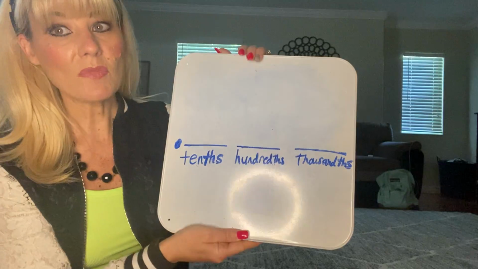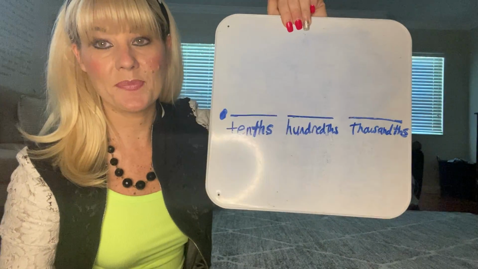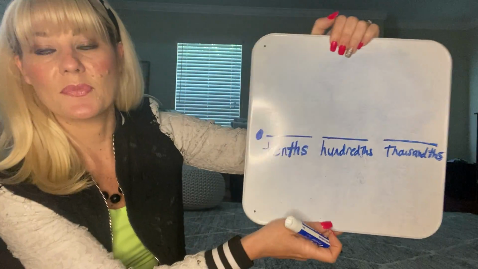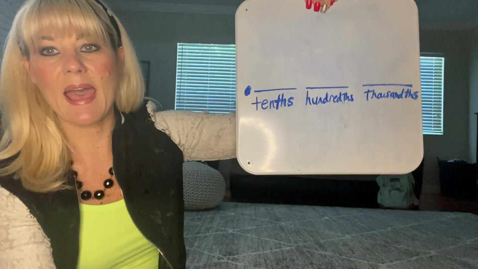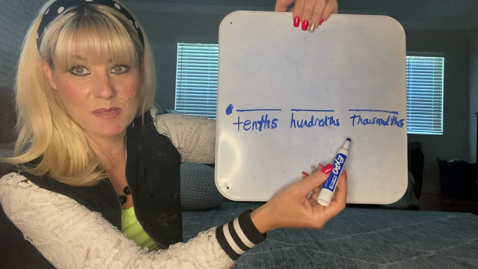So let's practice that, okay? Because for your decimal test, you need to practice before the real test. There's a little bit of a glare, so I'll try to hold it over here. All right, so we have the tenths place, the hundredths place, the thousandths place.